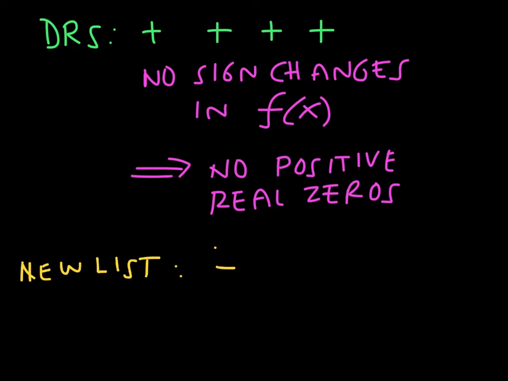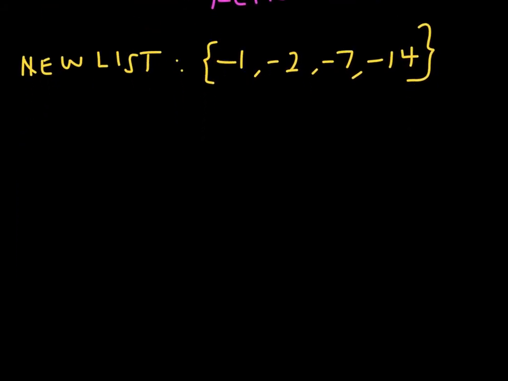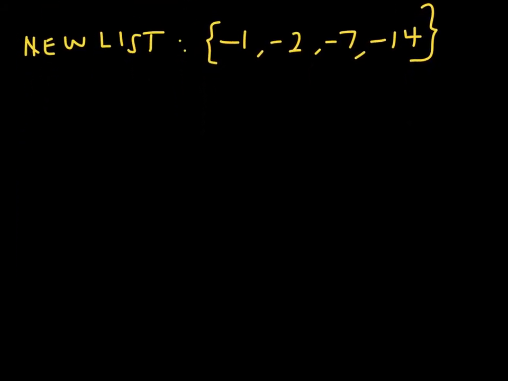So it'll be just -1, -2, -7, and -14. So instead of having 8 possible rational zeros, I only have 4. See, this is going to save me a lot of time. So I'm not going to waste my time even checking any positive numbers because they're not going to work. Now let's use synthetic division and see which one of these is a 0, if any at all.